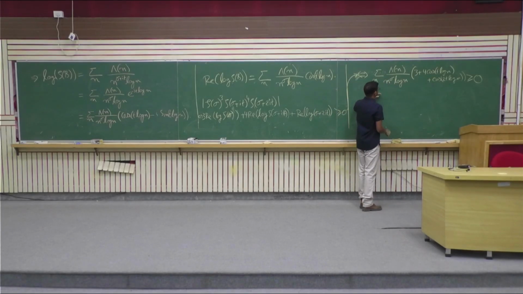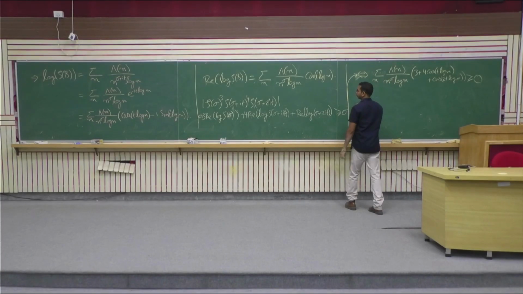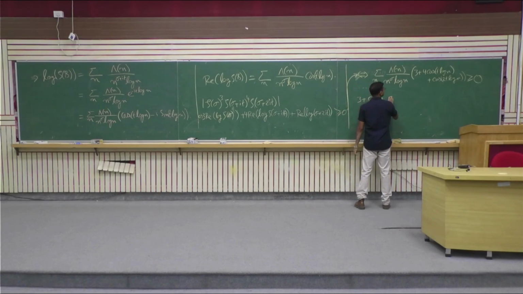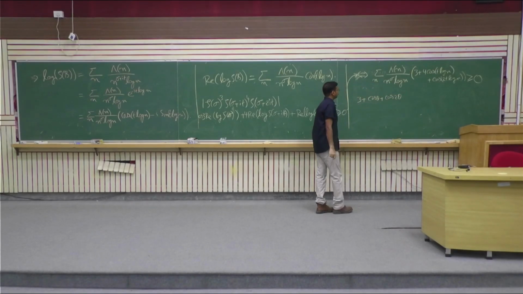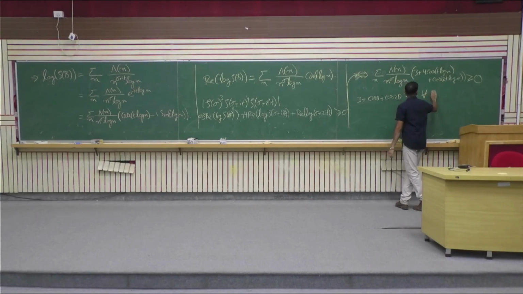Now just consider this one, 3 plus 4 cos theta plus cos 2 theta. This is always greater than or equal to 0 for all theta.